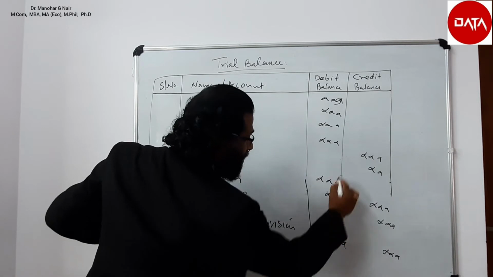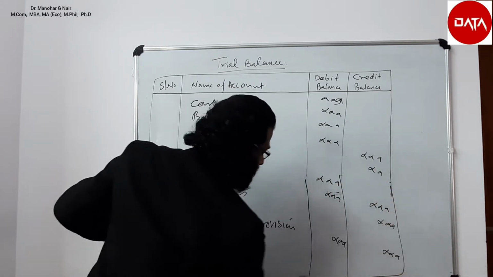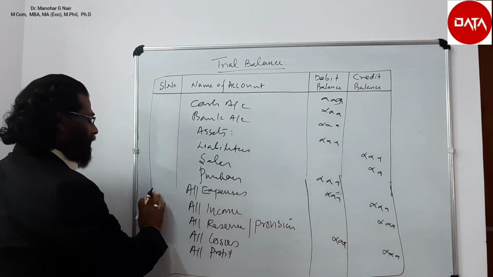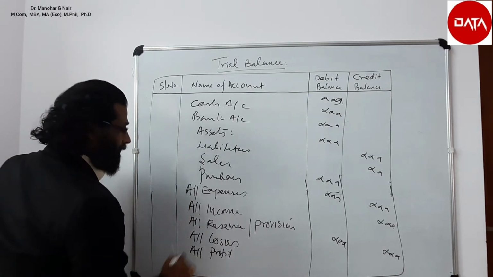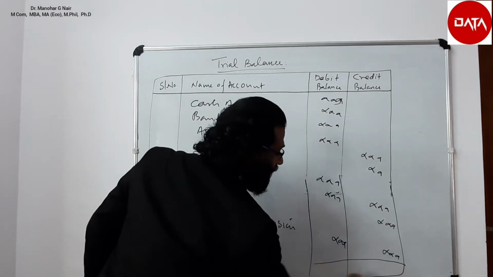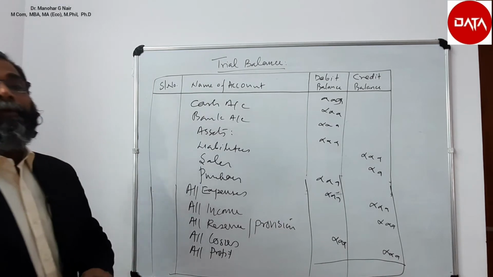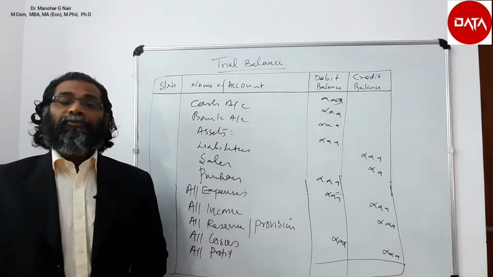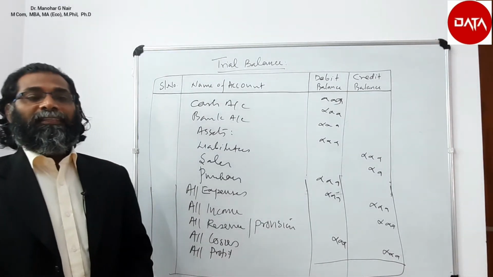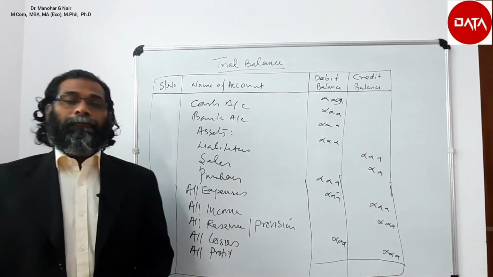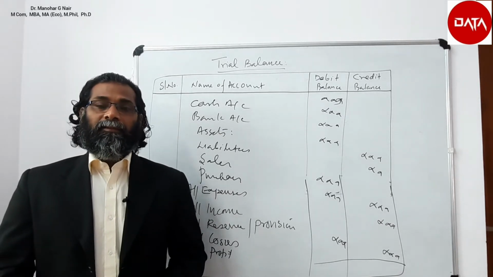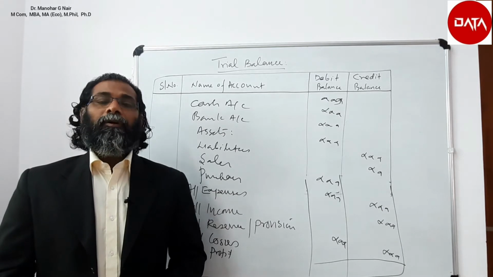So likewise we have to write all these items. When we write all these items, both the debit as well as credit columns will automatically get tallied. So that gives a sign of correctness of the books of account that we have prepared.